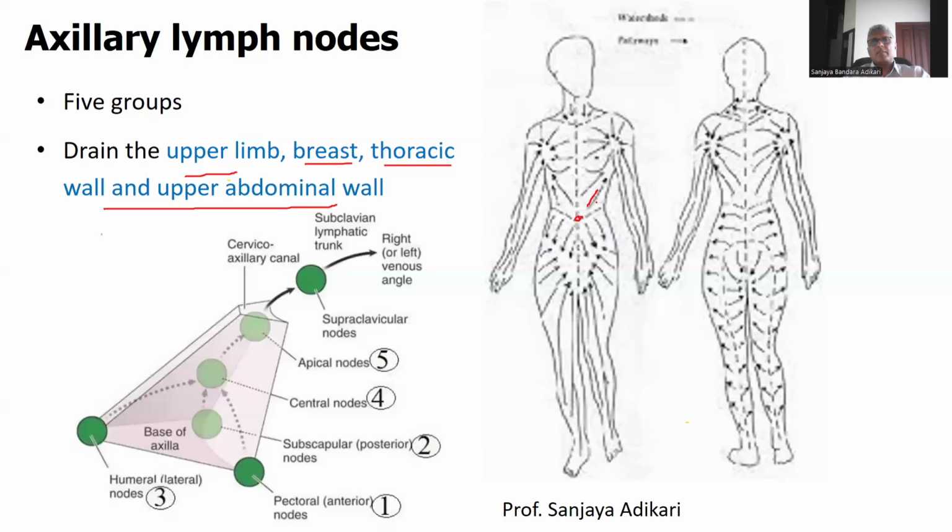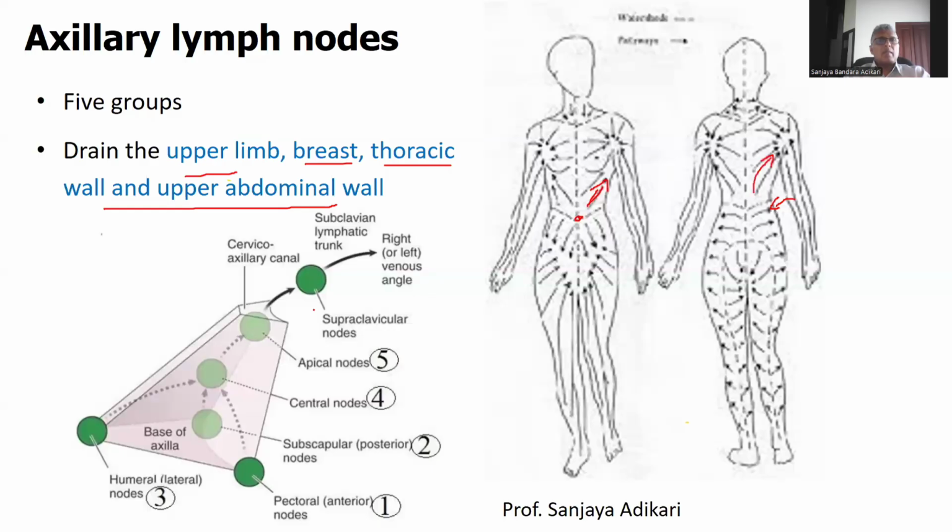This umbilicus is here. Above the umbilicus, the superficial lymph from the abdomen drains into the anterior group of axillary nodes. Then above the waist, roughly the iliac crest area, the lymph from the back drains into the posterior group of axillary nodes, which is the subscapular group of axillary nodes. So that is also important.